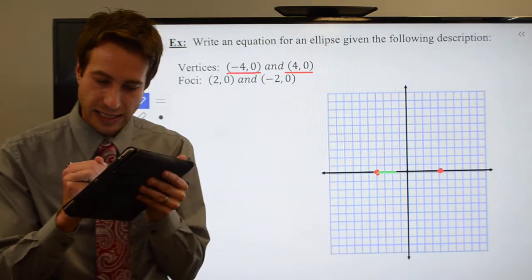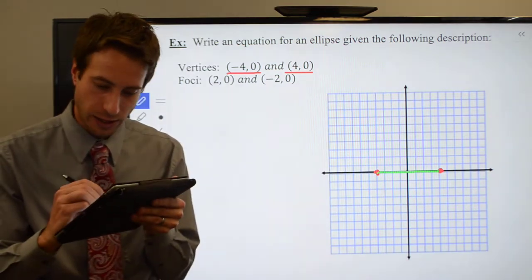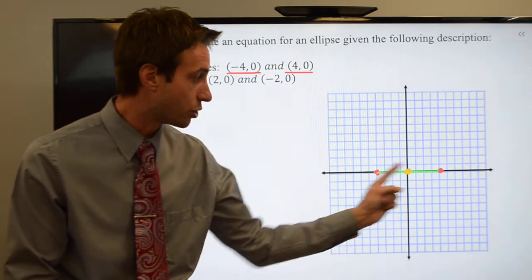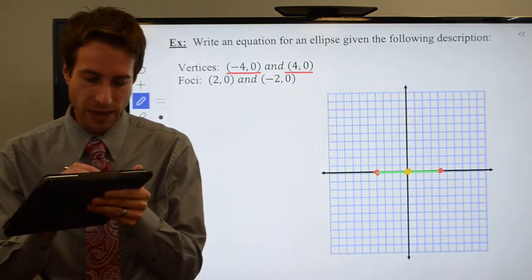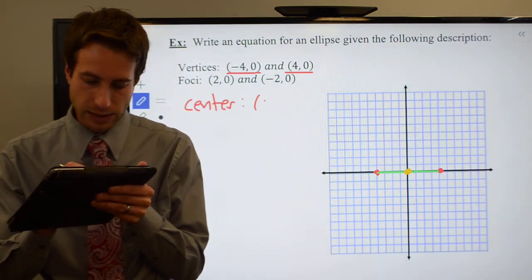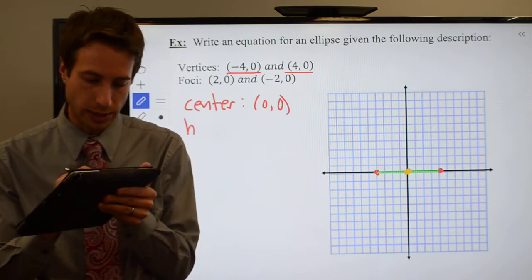My major axis is horizontal, right? It's oriented horizontally with a center that is the origin, right? The middle of those two vertices is the center. So right away I know that my center is 0, 0, and I have a horizontal orientation.